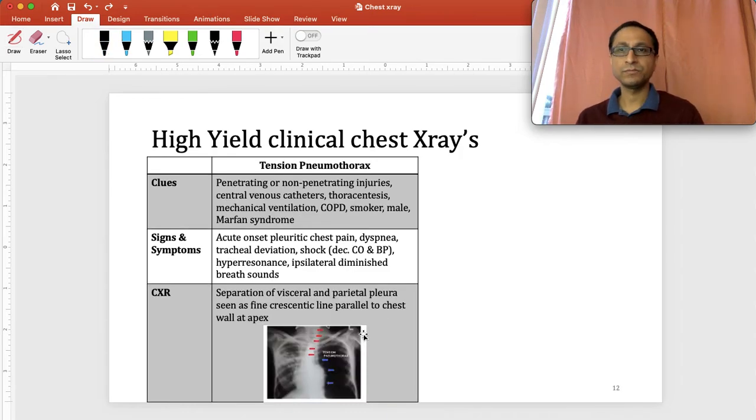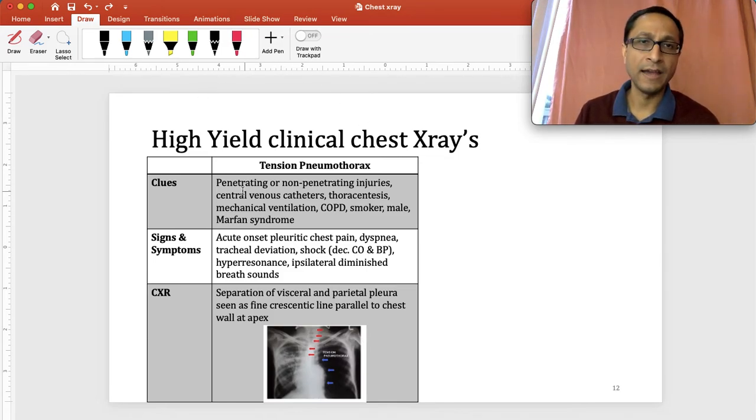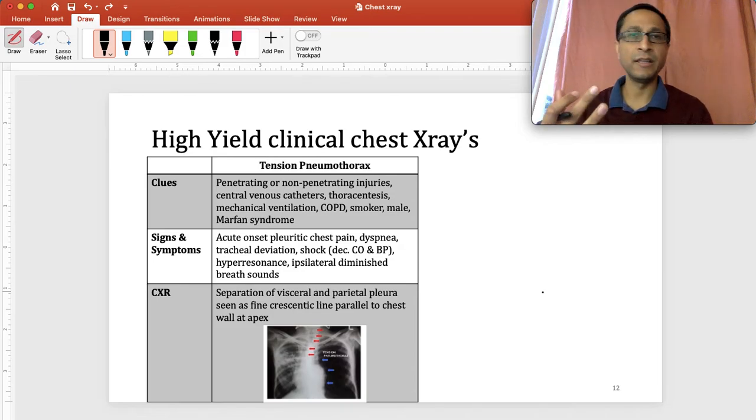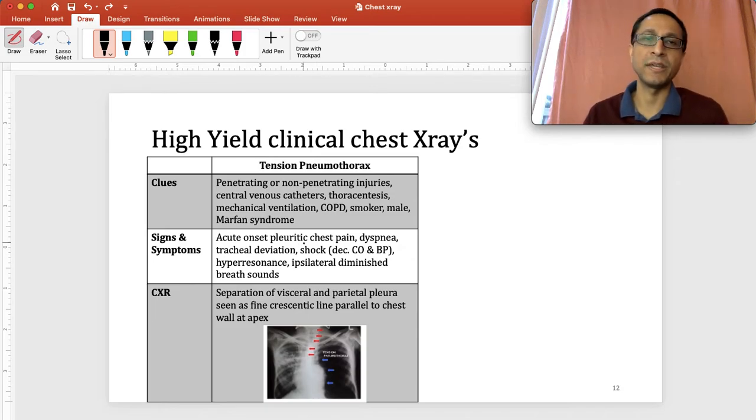All right, and another important one, a bonus one, we have tension pneumothorax. With tension pneumothorax, we have a penetrating or non-penetrating injury. Sometimes they describe a patient who just underwent a central venous catheter replacement, or mechanical ventilation, or thoracentesis, and all of a sudden they develop acute onset pleuritic chest pain. Right?